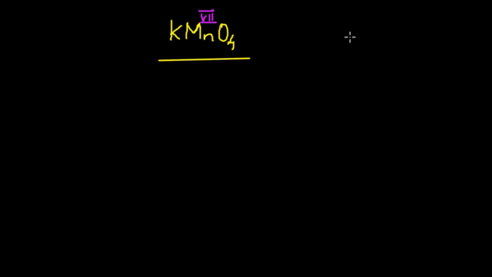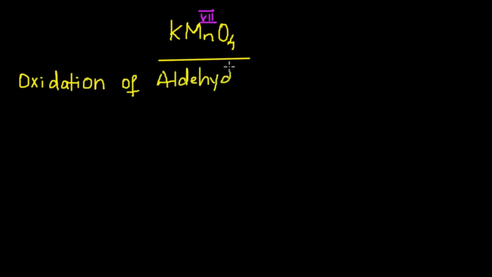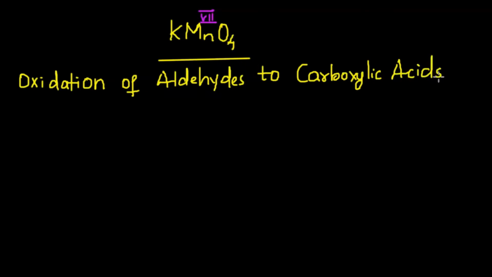So you can oxidize aldehydes to carboxylic acids using aqueous solutions of Mn7. You can do this in neutral, acidic, or alkaline medium.